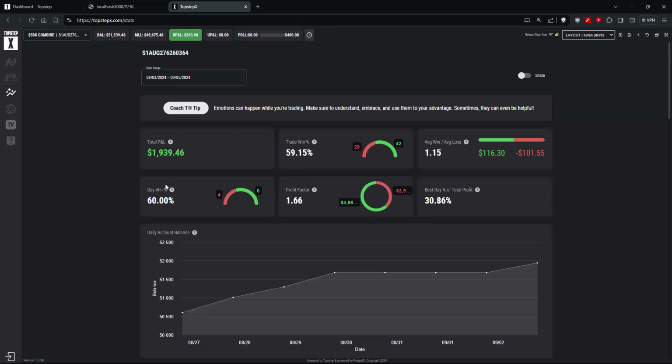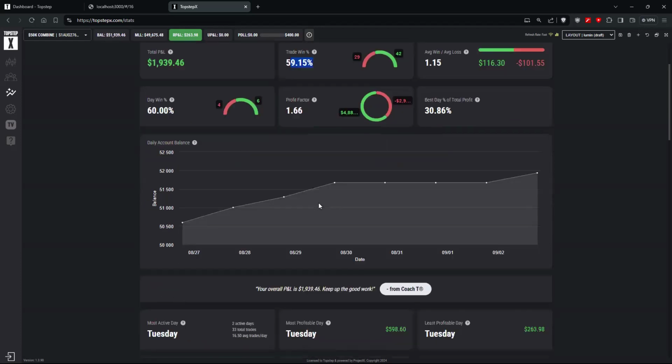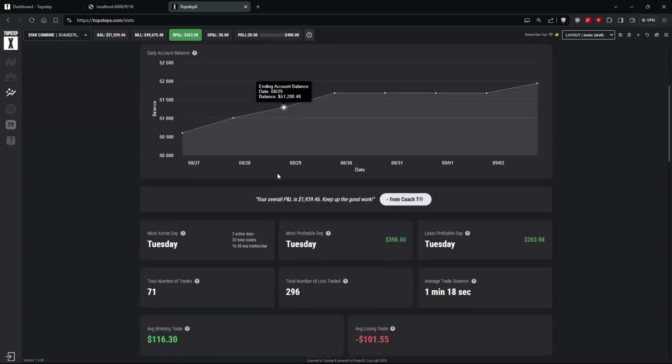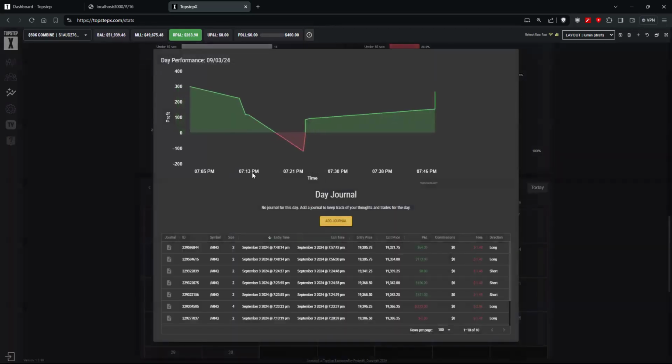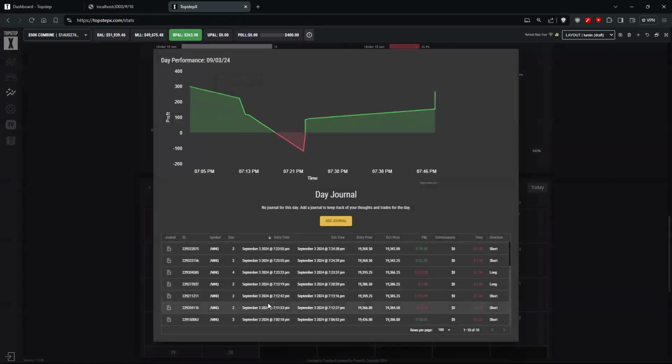But yeah, day win percent is 60%, aligning with this one. So let's see. Today in the first trade I entered with three micros. The volatility was such that I lost $300, and I took one, two, three losses.